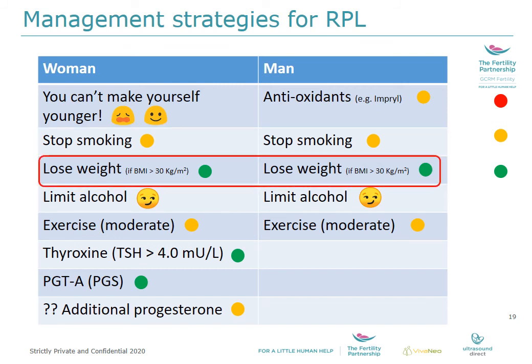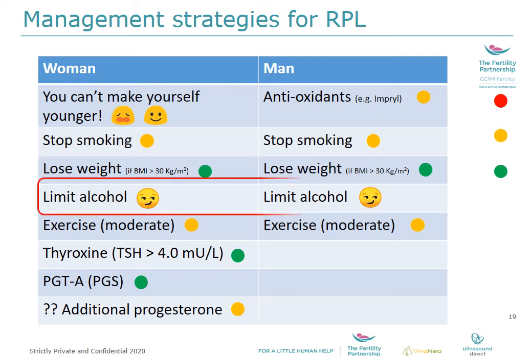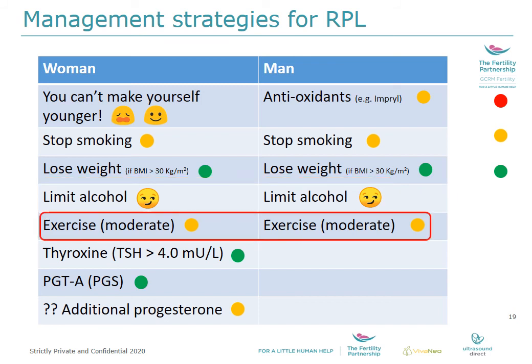If you're overweight, losing weight before pregnancy is a good thing. It'll improve egg quality and sperm quality, which in turn will reduce miscarriage rates. And again, once you're pregnant, cutting out alcohol, there's no evidence that will actually reduce miscarriage rates. Exercise in moderation has been shown to be beneficial, but extreme exercise is probably not a good thing.